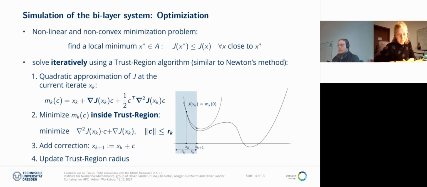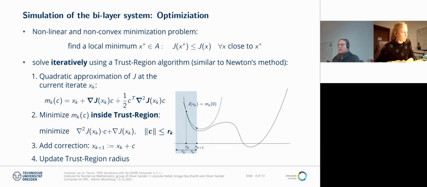And now we want to minimize this quadratic approximation, but not everywhere in the whole domain, because the quadratic approximation is not a perfect fit for the whole function. It's just a good fit close to the current iterate. And this is why we minimize this quadratic approximation inside the so-called trust region.